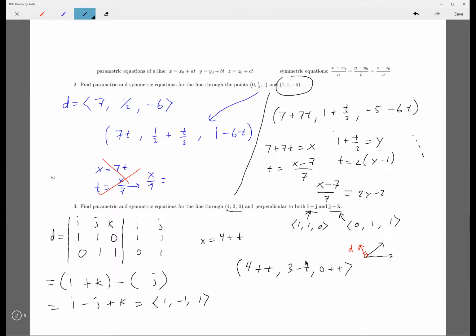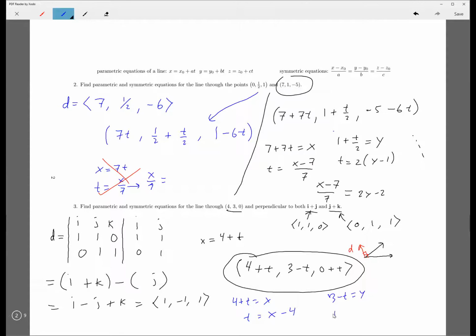Yeah, and then the second part is we're supposed to find the symmetric equations again. For symmetric equations, you take the 4 plus t equals x and solve for t. So t is x minus 4. And that will be the first one. So it looks like there's two of them that say x minus 4. So let's go to the y one.